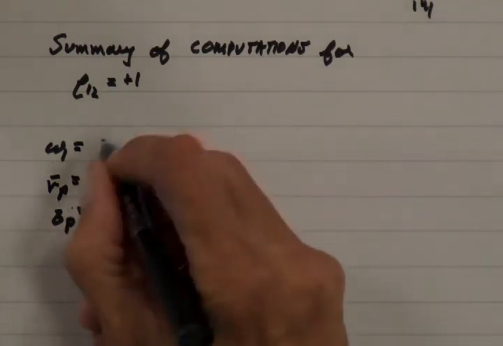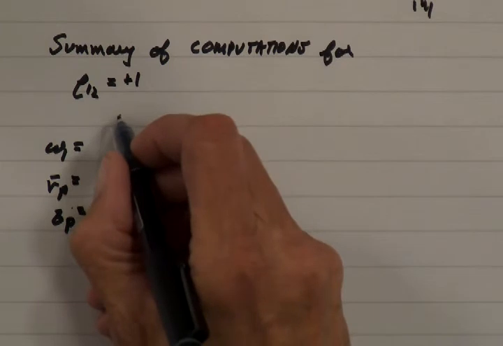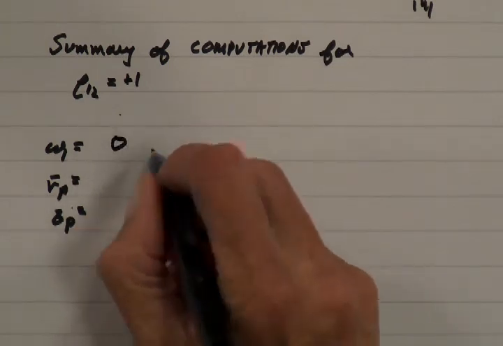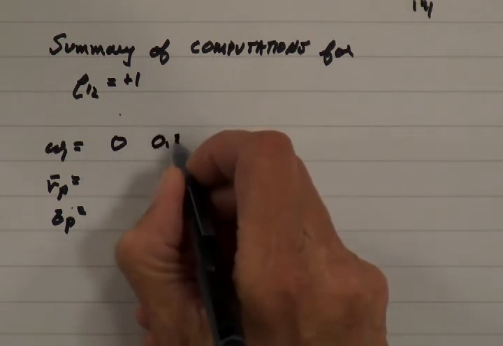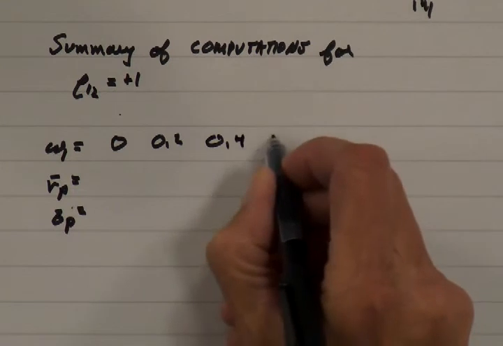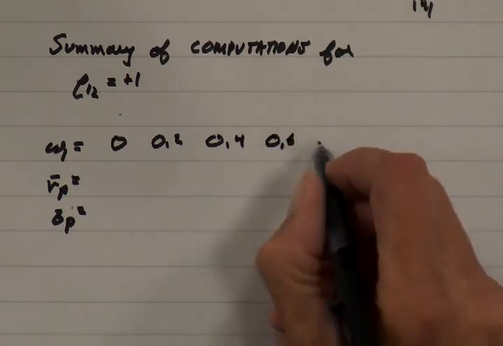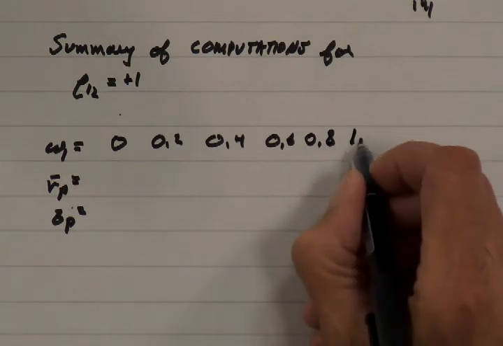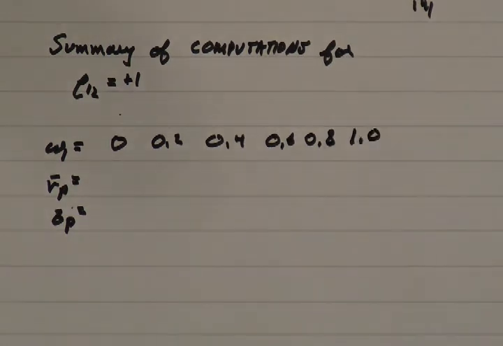And we're going to do this for the following W1s. We'll let W1 go 0, 0.2, 0.4, 0.6, 0.8, and 1.0. So if W1 equals 1.0, what does that show?